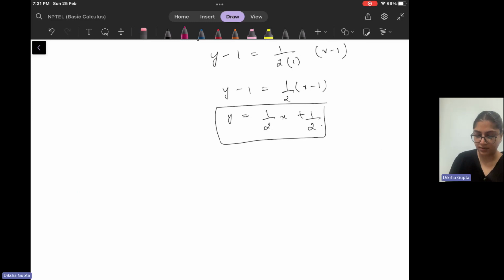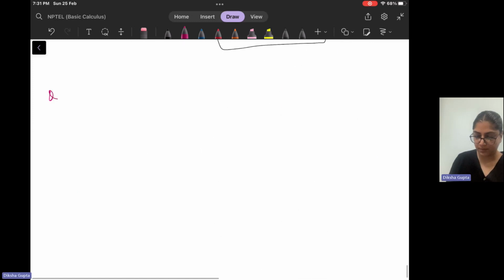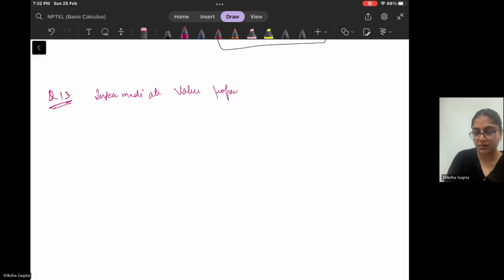The next question I will do on the intermediate value property of the derivative. So you know the intermediate value property of the derivatives, right? This has also been discussed in the class. I'll just recall it.